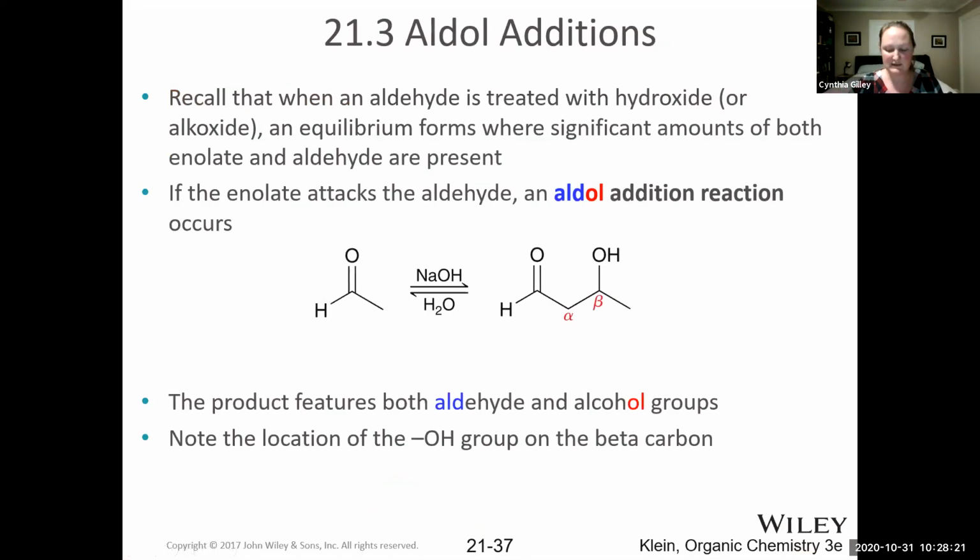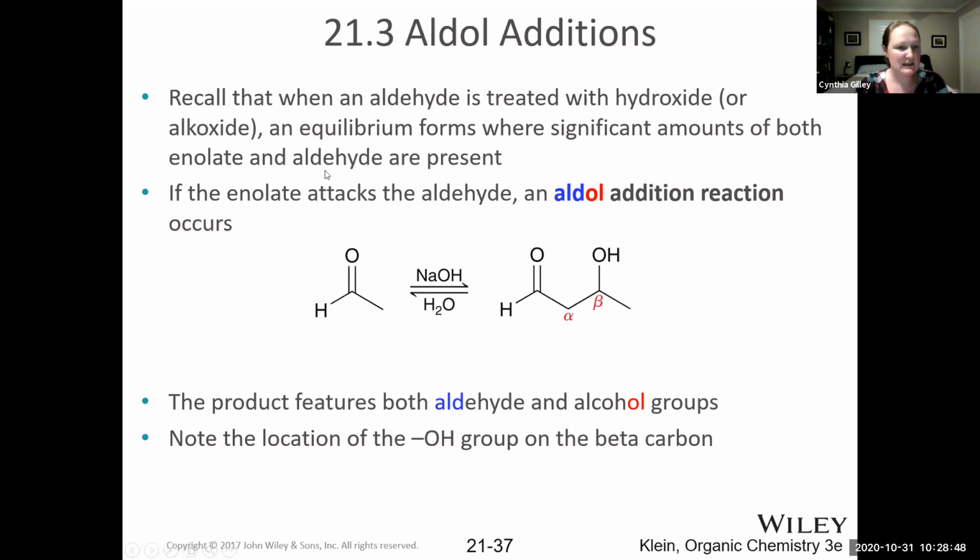Okay, we're moving on to section 21.3, which is aldol reactions. So remember when we were talking about acid-base reactions, and we were treating aldehydes with hydroxide or an alkoxide like sodium ethoxide? An equilibrium formed where significant amounts of both the enolate and the aldehyde are present.